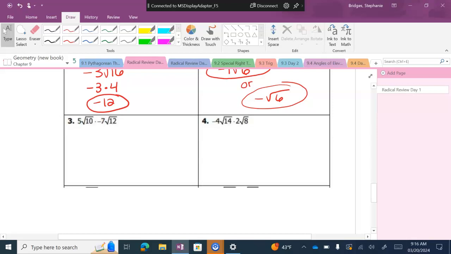Then we're going to try to simplify. Outside times outside, inside times inside.